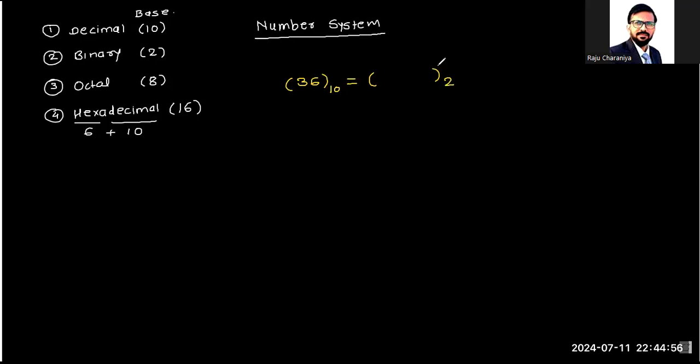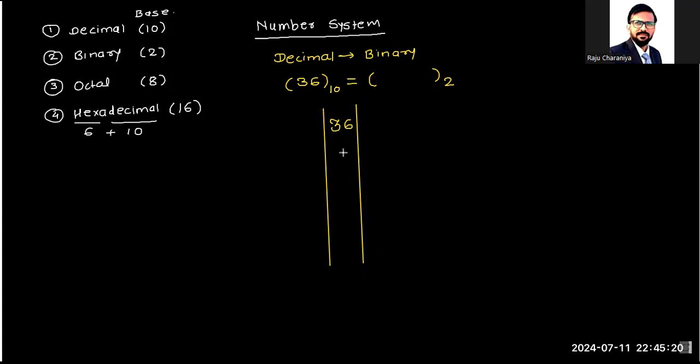This question indicates that we have been given a decimal number and we have to convert it to the binary number system. So we write 36 as it is, and then draw a vertical line.